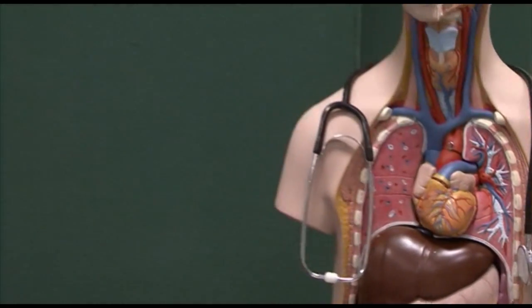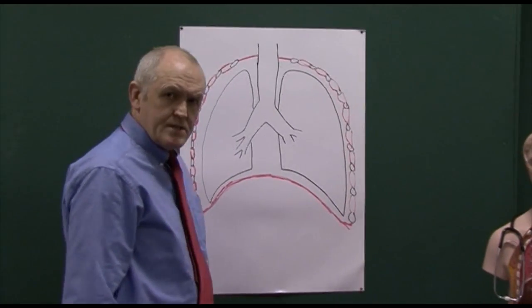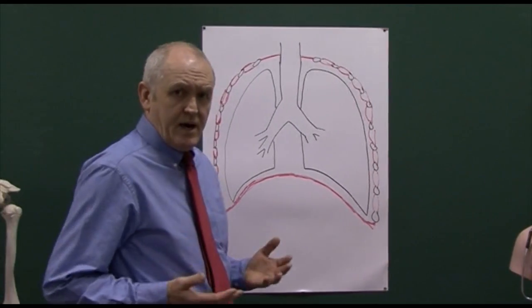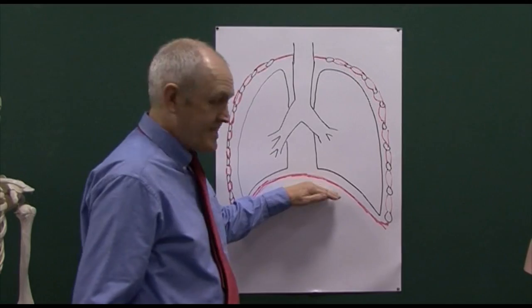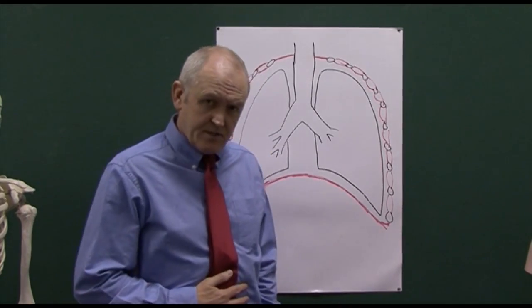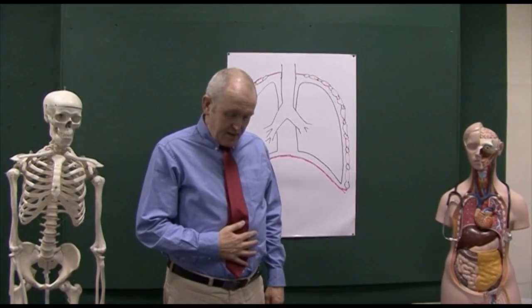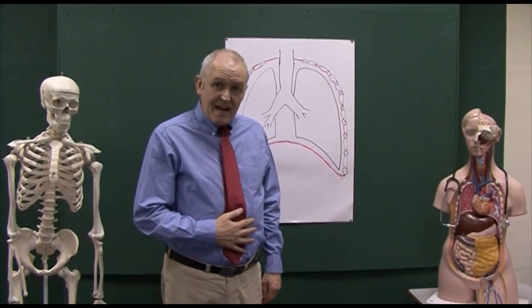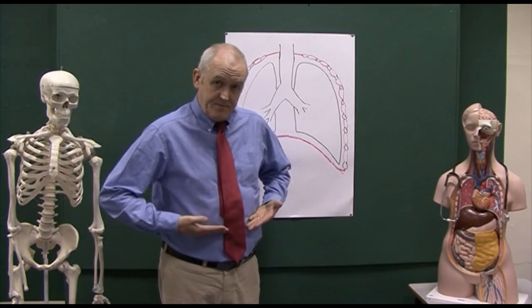Now you probably already know that in order to breathe, in order to inspire, to facilitate inspiration, the diaphragm has to go down. So if you put your hand on your tummy now, do that for me, put your hand on your tummy, take a breath in, and you can see that your hand goes out. That's because the diaphragm is going down.